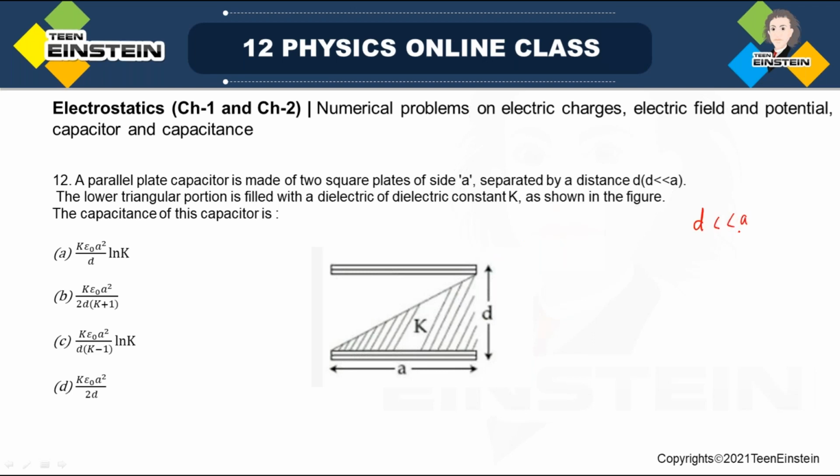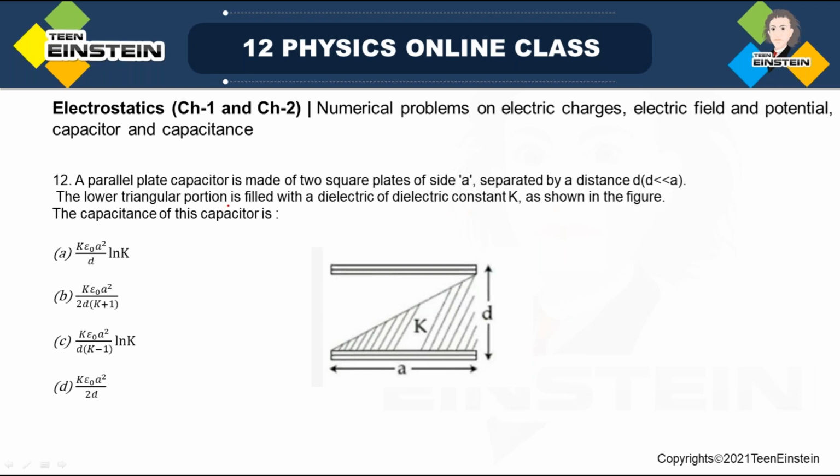A is the length of the sides of the square plates, and D is the separation, or we can say the thickness of the medium inside the plates. The lower triangular portion is filled with a dielectric.